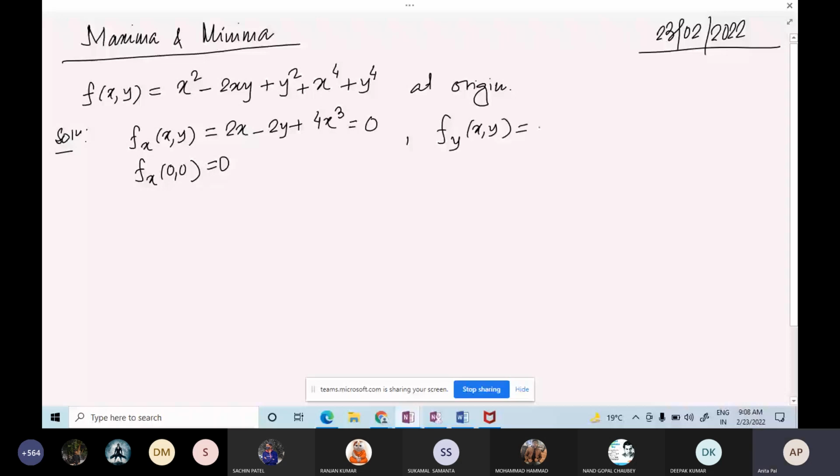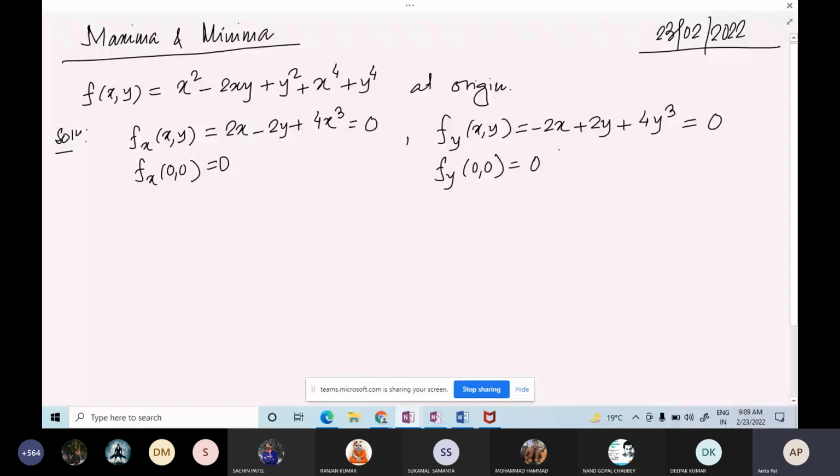It will be minus 2x plus 2y plus 4y cube. As per the necessary condition this should be 0. And what is fy at 0, 0? Here we need not find the stationary point because it is already said that we have to check this function at the origin. So at 0, 0, this is 0.